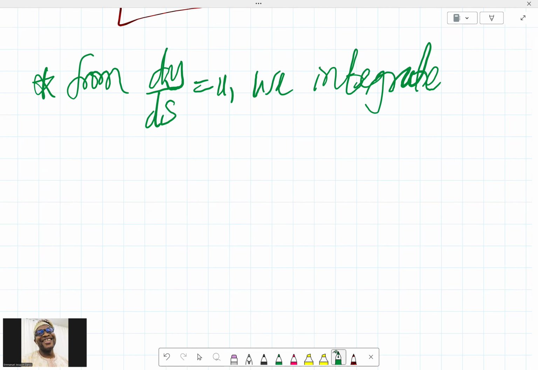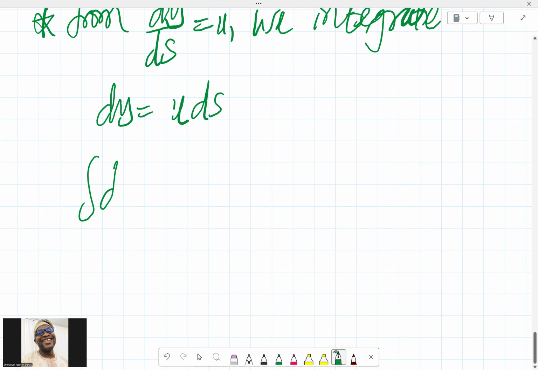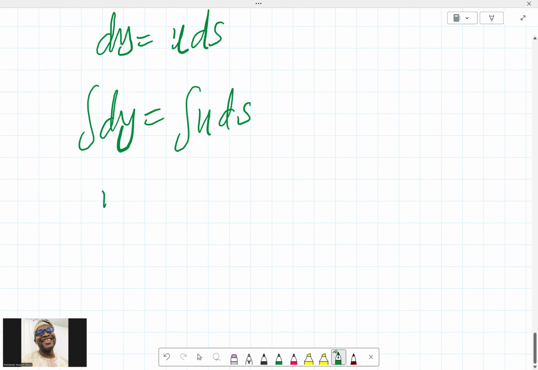So from dy dx equals u, we integrate. So we have dy equals u ds. Okay, so we can integrate now. So we have integral of dy equals integral of u ds. So this gives us y equals, u of course is constant here, so we have us plus c3. Okay, so y is us plus c3.